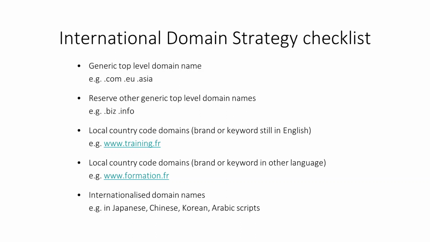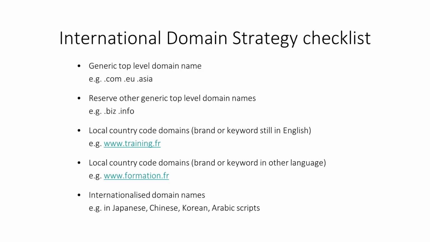The importance of perhaps reserving other generic names that might make sense for your company. Certainly, if you're looking to localize into particular countries, going the country route through country domains. And if you're looking to localize and locally host and do direct competition against another competitor within a country, then you might look at a country code domain that is locally hosted. And finally, internationalized domain names that are available as well.